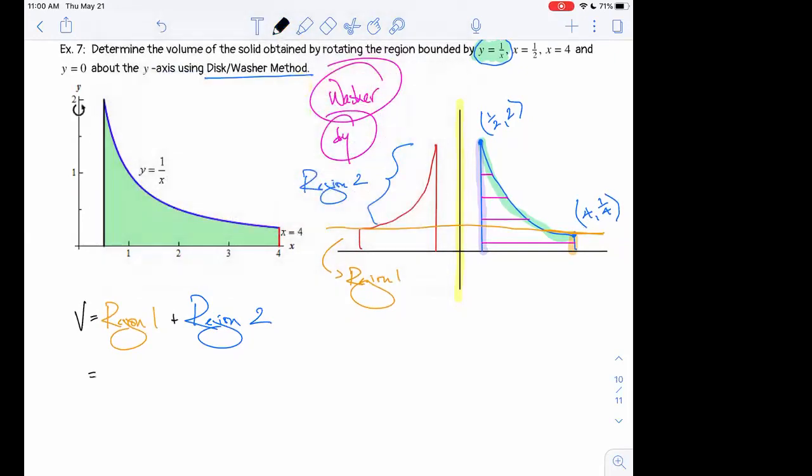So let's see what we get as a setup for each region. So we're going to need 2 different integrals. But what is going to be the same is I am going to need the washer formula, and I'm going to need dy for both of them. So for region 1, I would say that I've got pi, the integral from the smallest y value, which is 0. What's the highest y value in region 1?